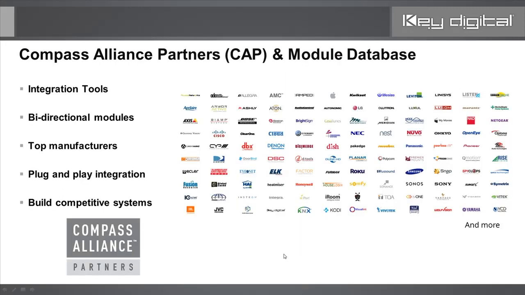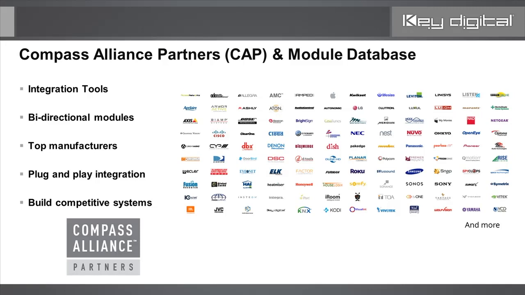Our Compass Alliance partners enables Compass Control to become the most powerful system and allows you to choose across good, better, and best for all the different AV integration and automation categories, so you could work with brands you're familiar with, and you could create packages based on the price point that your clients require.